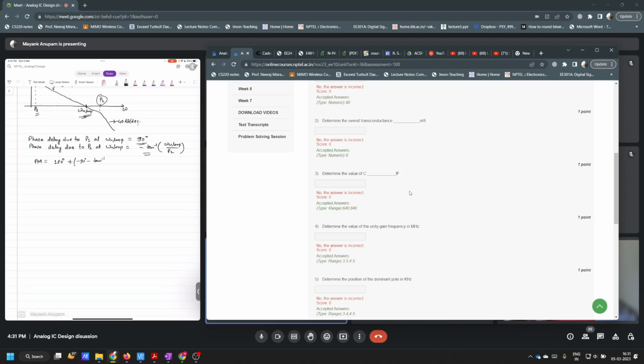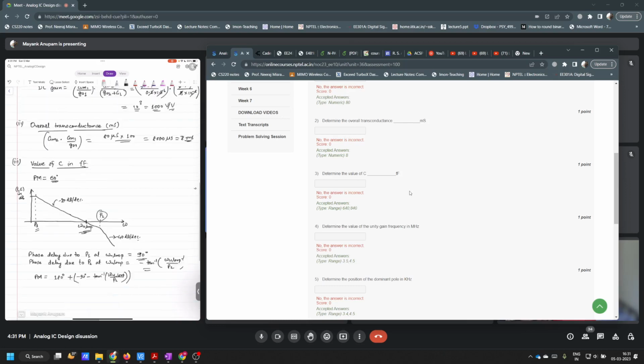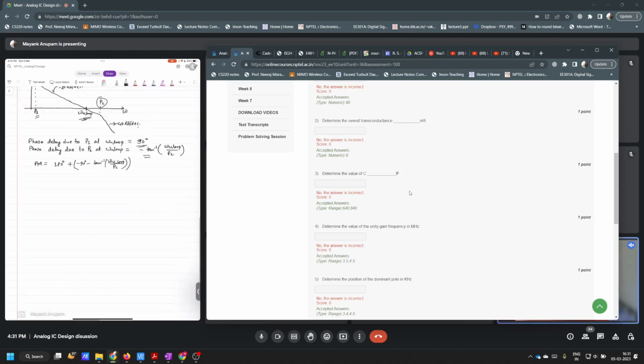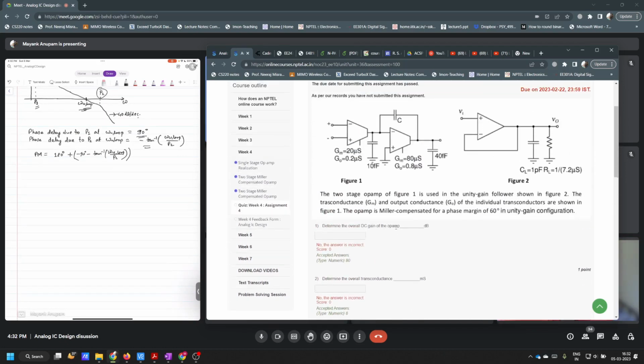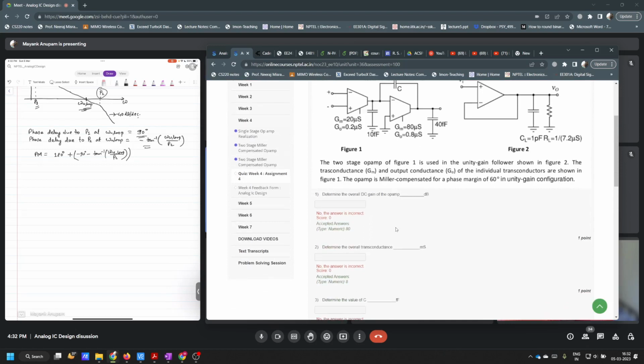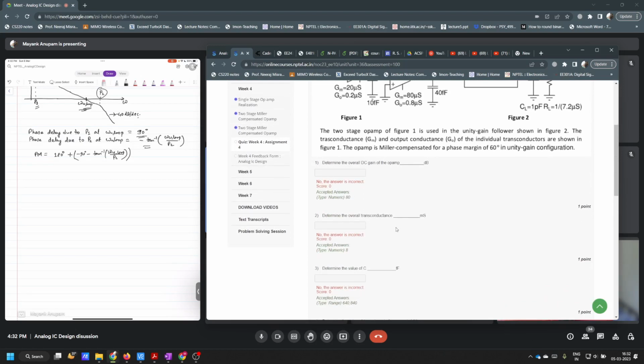One more term will be added for the zero: minus tan inverse of omega u by omega z. Correct.